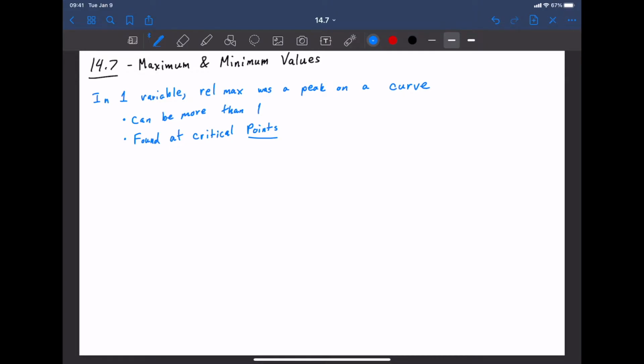Critical points, these are spots where f prime of x equals 0 or f prime of x was undefined.